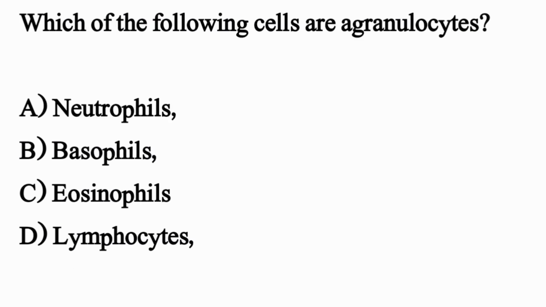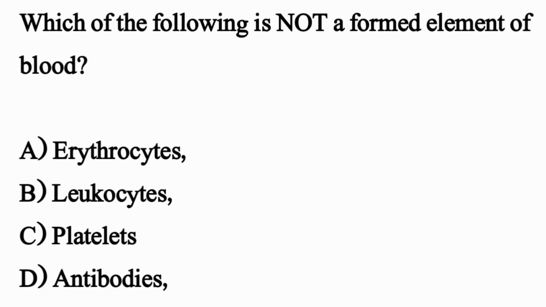Which of the following cells are agranulocytes? The right option is option D, lymphocytes. Which of the following is not a formed element of blood?